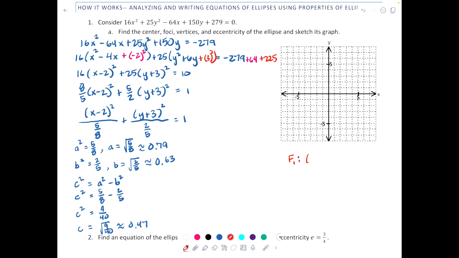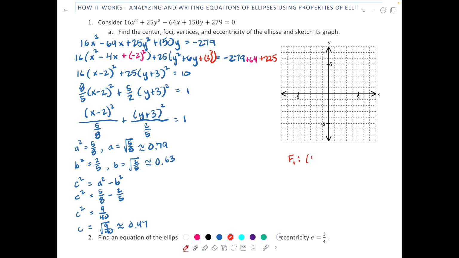And so our A is underneath the x minus 2 quantity squared, which means our major axis is horizontal. So the shifts will be on that horizontal axis.